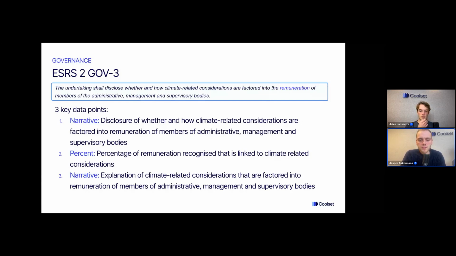So then you would say 5% of the total salary is linked to this. Narrative, the third data point is a narrative data point, and here you're going to look at the explanation of climate-related considerations that are factored into remuneration of members of administrative, management, and supervisory bodies. So whereas in the first one, you're going to disclose what the actual remuneration policy is, and the third one, you're going to explain how they're factored in.